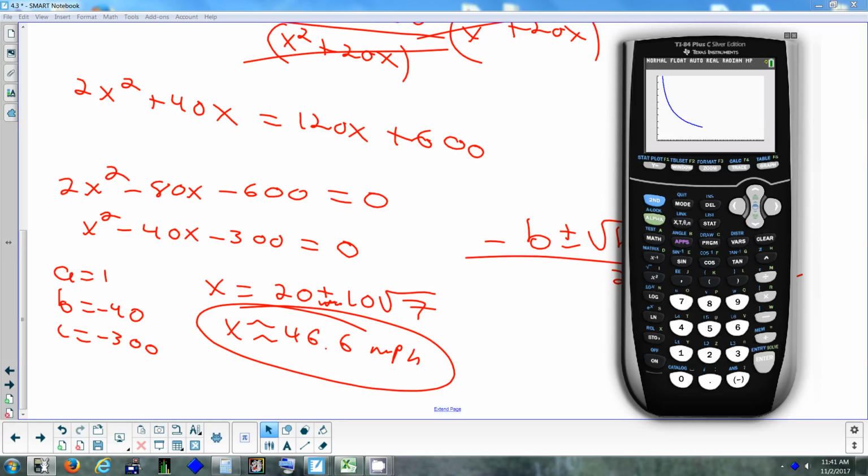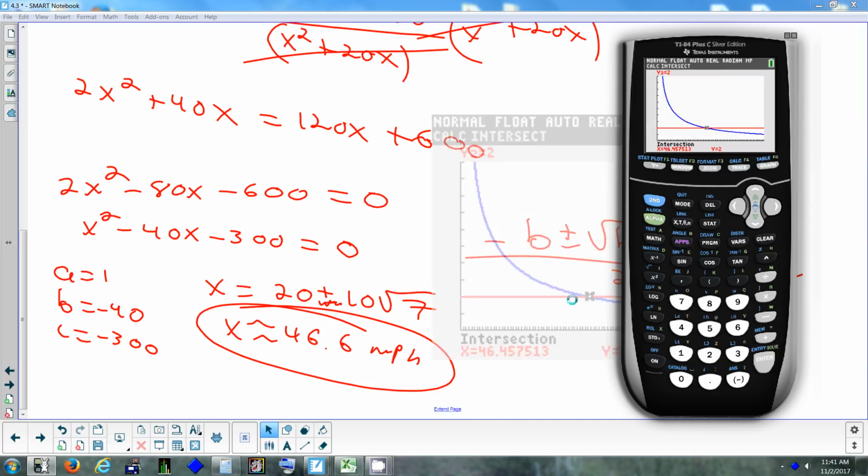Okay, so there's the time it takes for her to complete the trip as she drives faster and faster. Let's see. There's the line representing 2 hours. So what would I do with those two lines? Yeah, see where they intersect. So calculate, intersect, and we get 46.6.